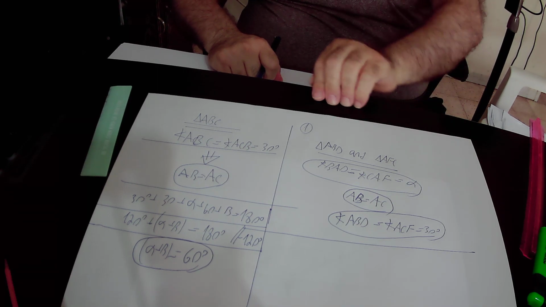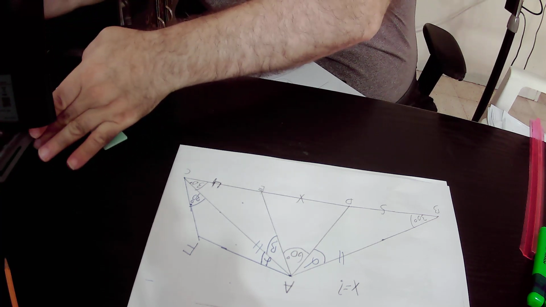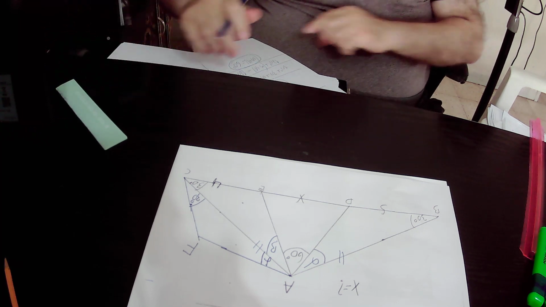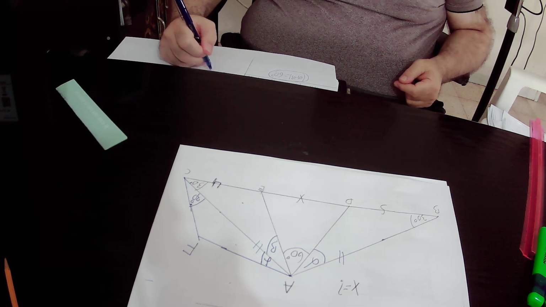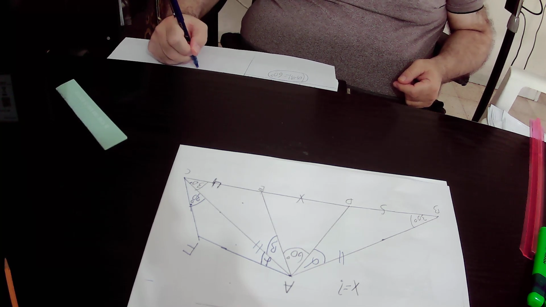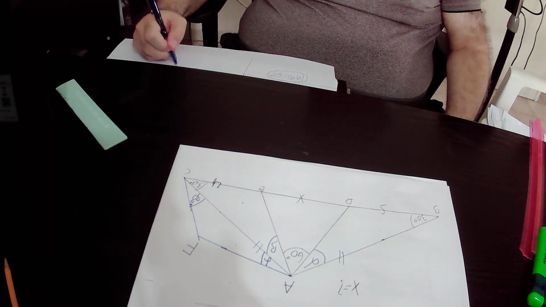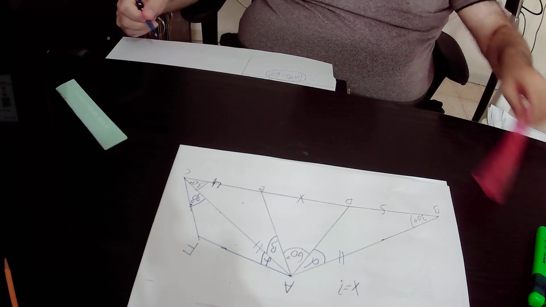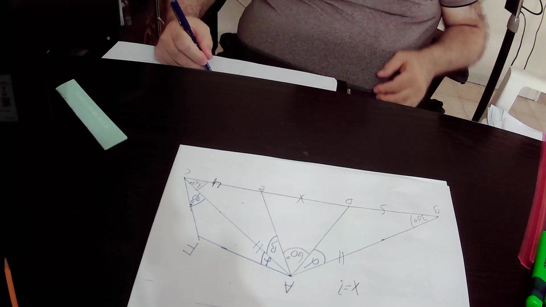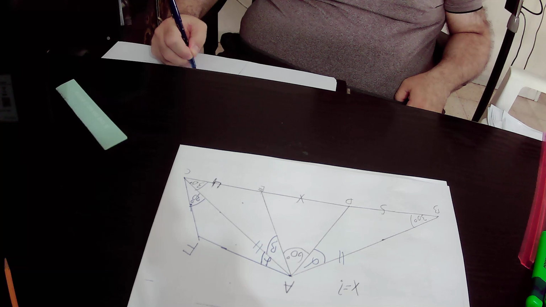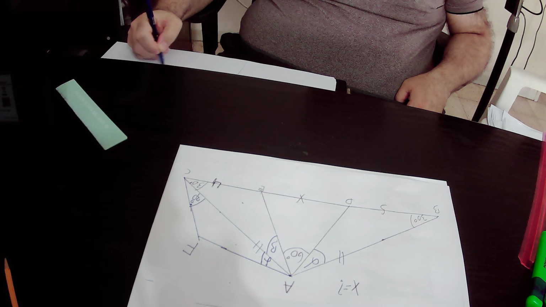Okay, so we actually proved that triangle ABD, this triangle, is congruent to triangle AFC, this triangle, according to the angle side angle rule.